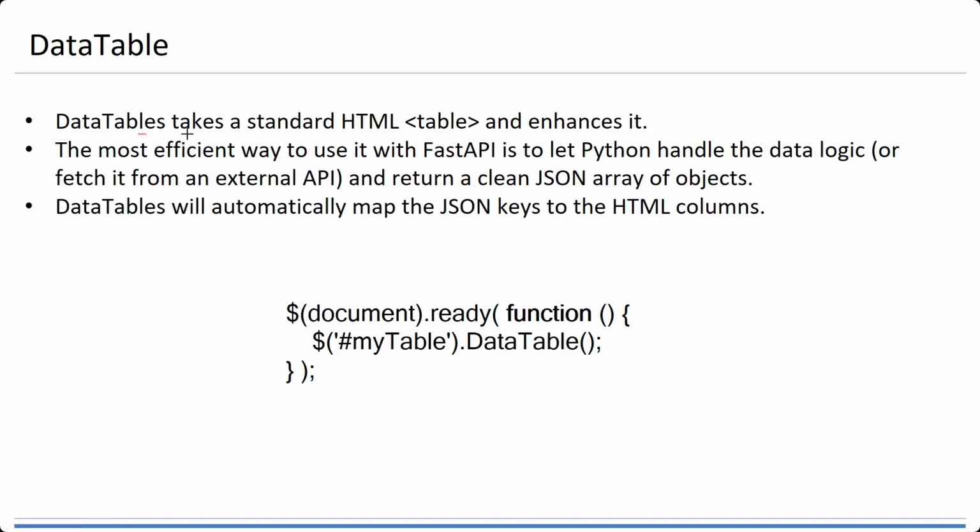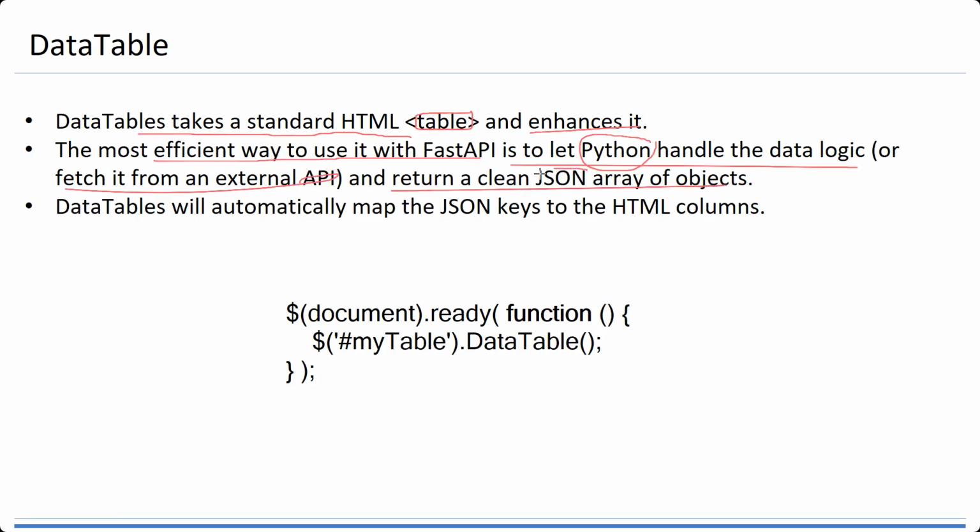DataTables takes a standard HTML table, so you can use the current table in the HTML and enhance it. The most efficient way to use it with FastAPI is to let Python handle the data logic. So you still need the server to handle the data, or you can fetch it from an external API. Today we are going to look at some API, and then we can return a clean JSON array of objects.